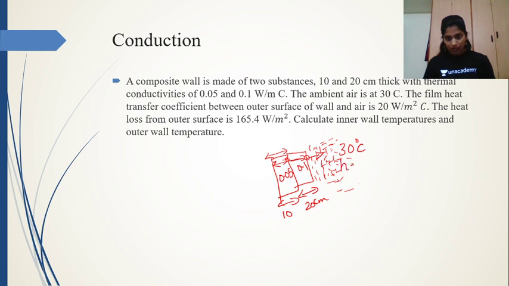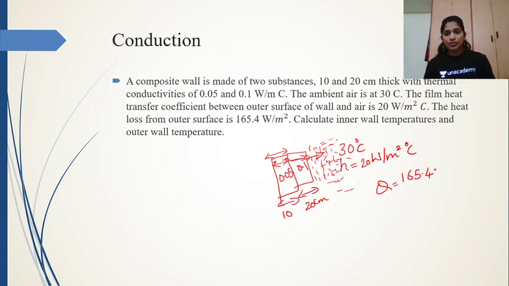We are taking the heat transfer coefficient of air as 20 watts per meter square degree centigrade. The heat loss from the outer surface is 165.4, so we have data about Q.